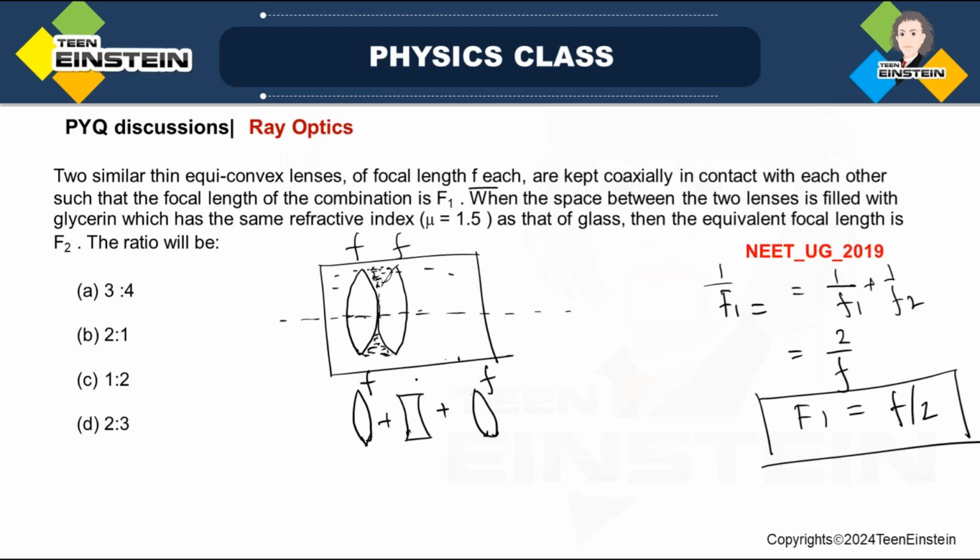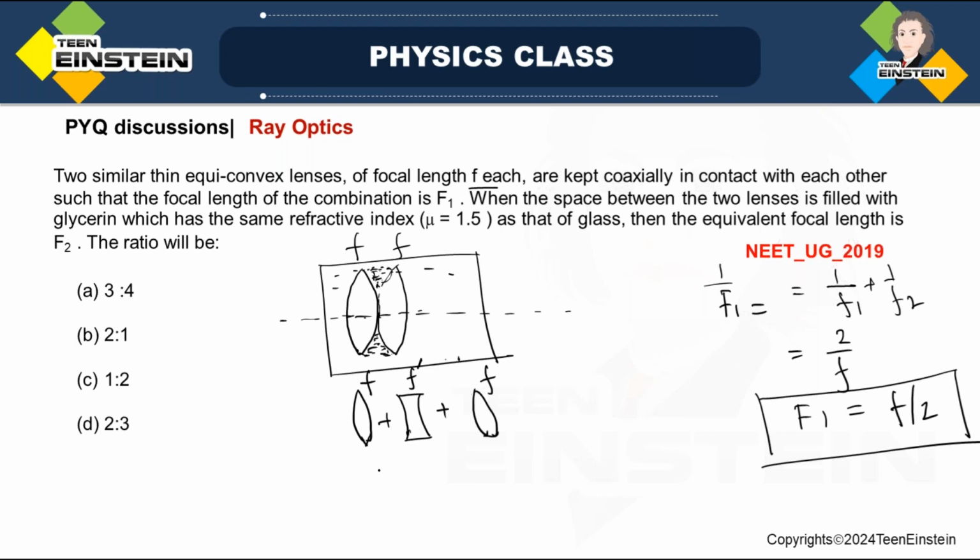This, I don't know what is this focal length. So I have to find out what is this focal length. Let us say that all of them will have actually the same radii of curvature. So let me find out.